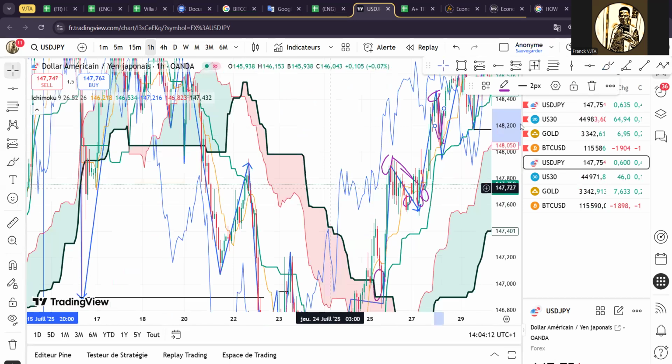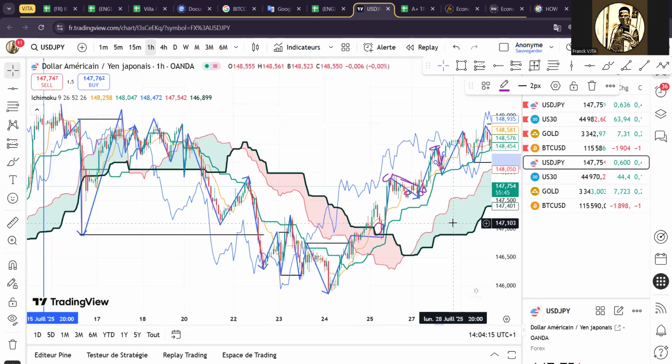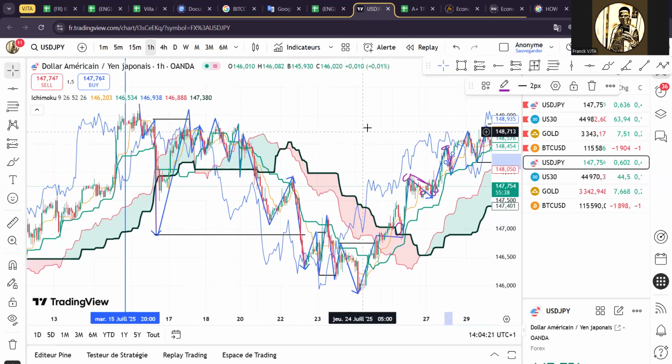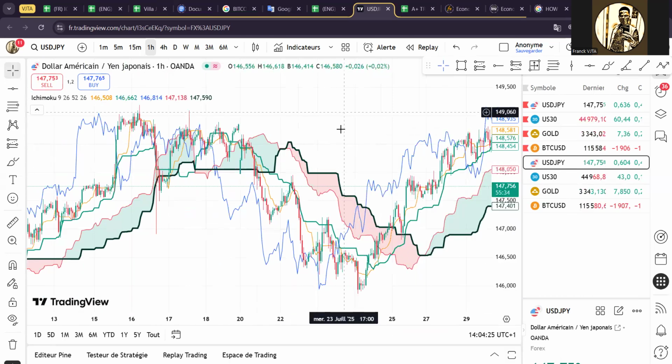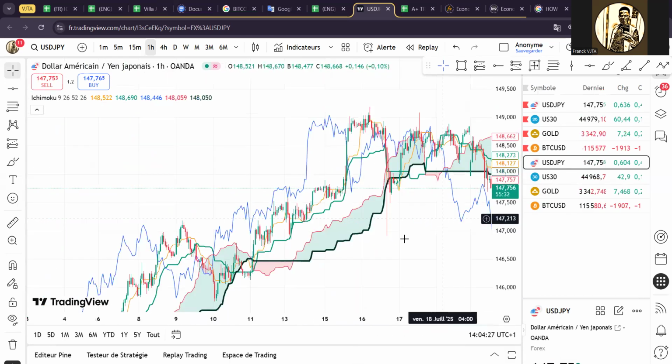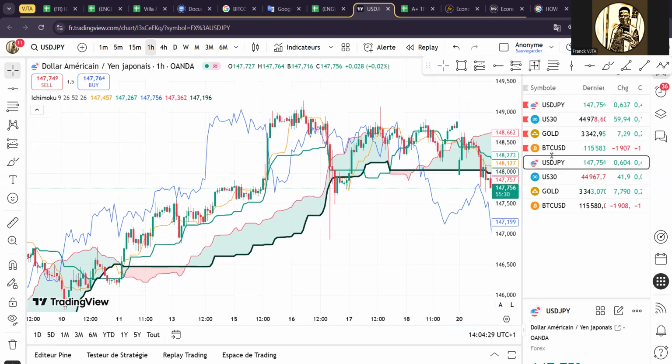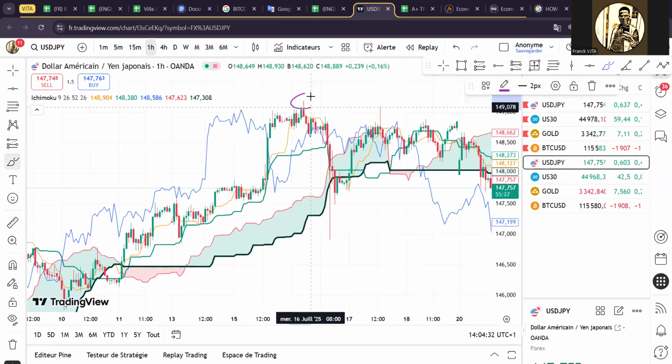That's why I told you that emptiness is also a setup. This emptiness is a setup for sells.